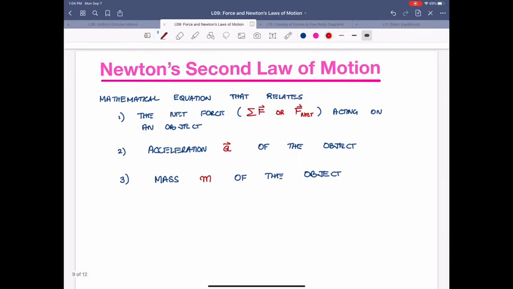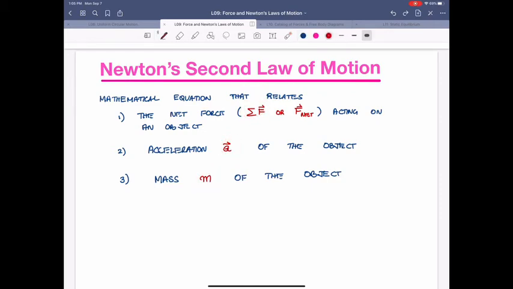Newton's second law of motion is a mathematical equation that relates three quantities: the net force acting on an object, which is the vector sum of all the forces acting on the object, the acceleration of the object, and finally the mass of the object. So sigma F is the net force acting on the object, a is the acceleration. So it's a mathematical equation that relates these three quantities.